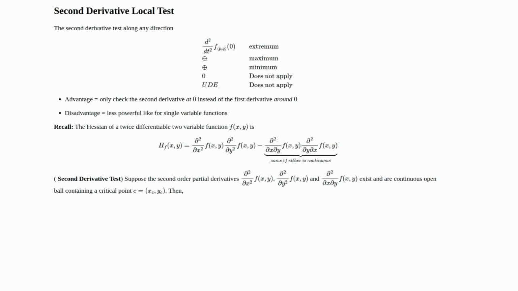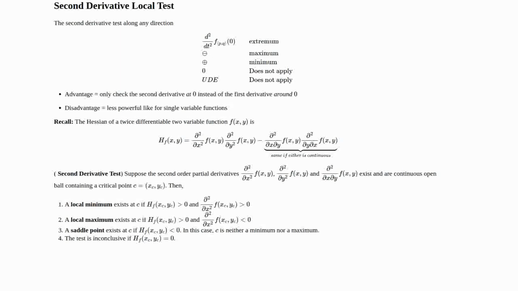So they exist and they're continuous in an open ball containing the critical point (x_c, y_c), which we determine by looking at the gradient. Then a local minimum exists at C if the Hessian is greater than 0 and the first normal second partial derivative is greater than 0.